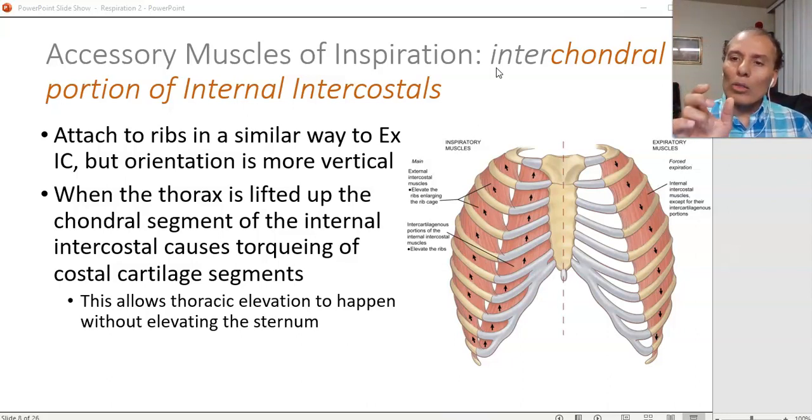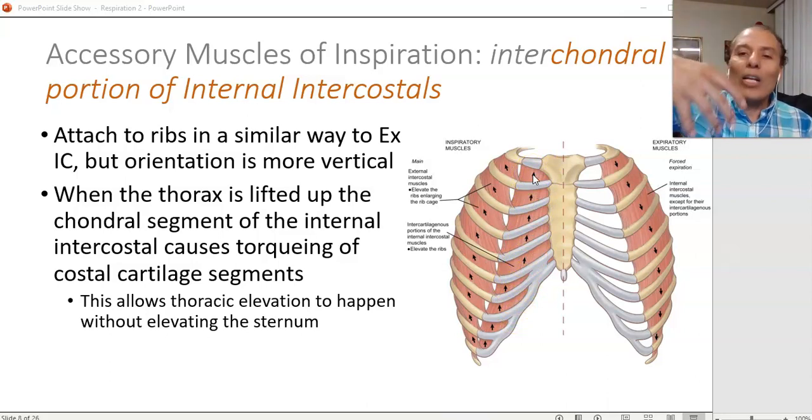The intercostal muscles are two sets. One involves the osseous segment of ribs, and one involves the chondral segment. See the chondral segment of ribs here. So what you see here is the interchondral segment, the segment that is between the cartilages. See the arrow points up. It means that the muscle is pulling up.